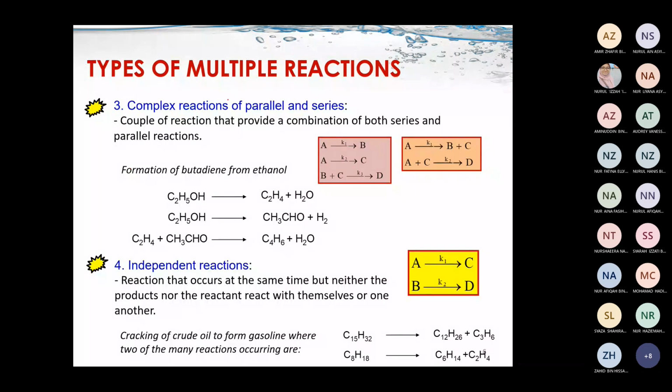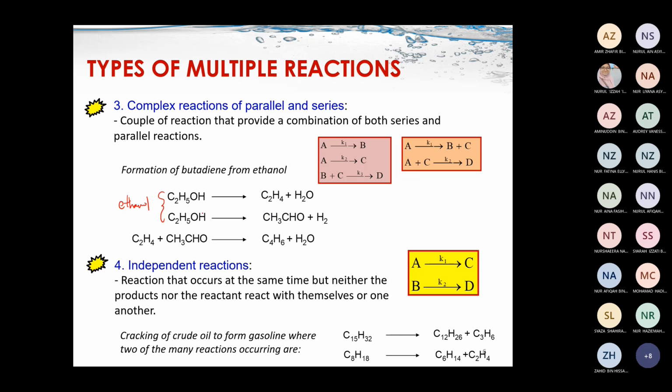Of multiple reactions, a complex reaction of parallel and series is a couple of reactions that provide a combination of both series and parallel reactions. So we have A to B, A to C. For example, we have ethanol. The ethanol can produce C2H4, as well as CH3CHO.